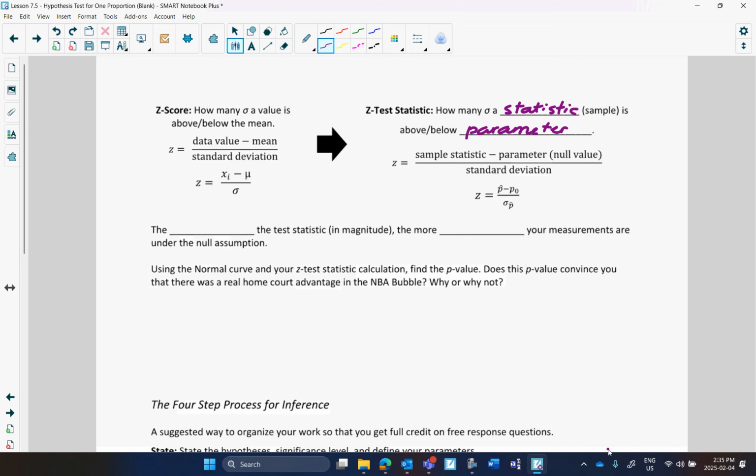And the larger that number is, that test statistic, that Z statistic, like I said, the more unusual it's going to be. The smaller it is, that means the closer it is to the null, which means it's not unusual. But as the standard deviations increase, the further and further it gets away, then it's becoming more and more unusual because it's really far away from what we would expect. Okay.